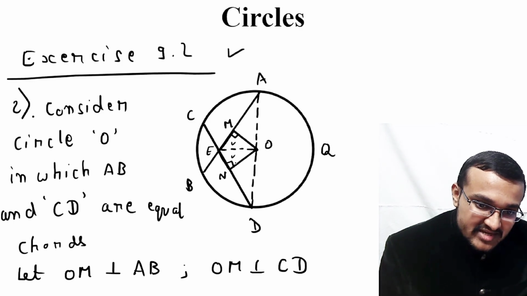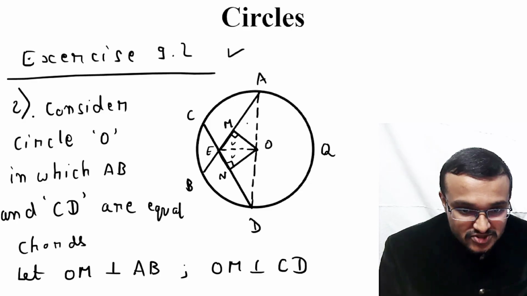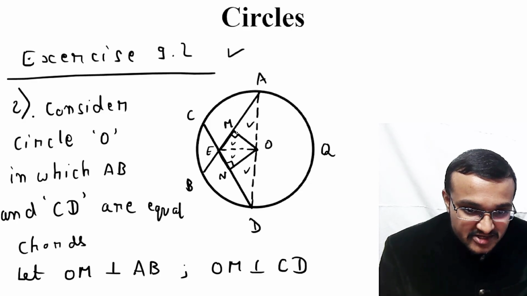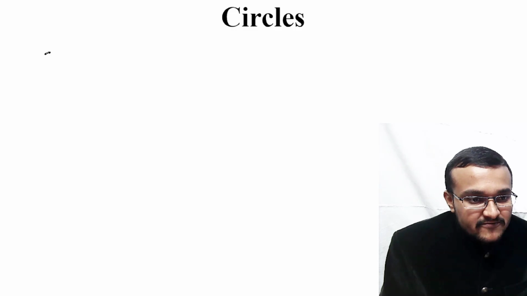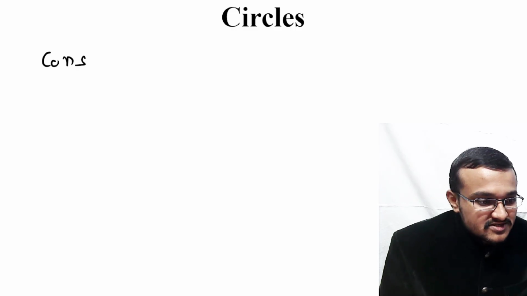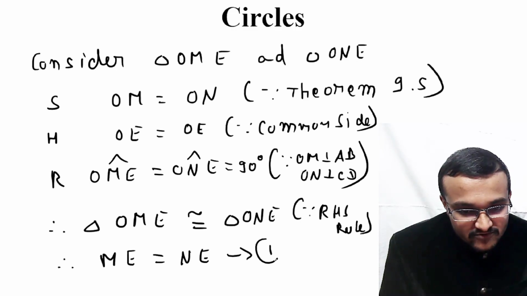Now we have to prove MA is equal to ND also. So now we'll consider this particular triangle and this particular triangle, and this is also 90 degrees and this is also 90 degrees. Let's call this equation 1.